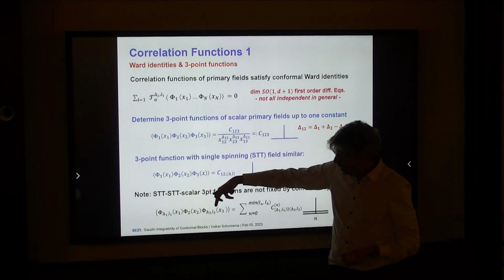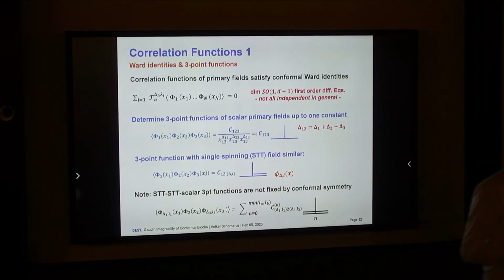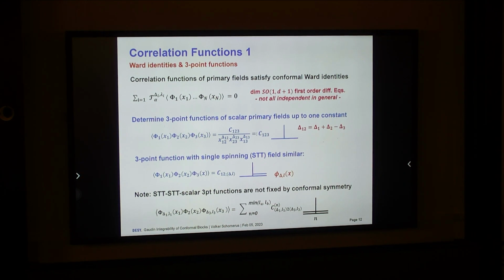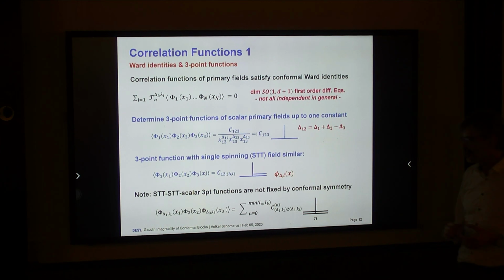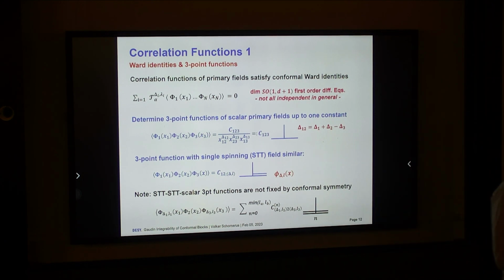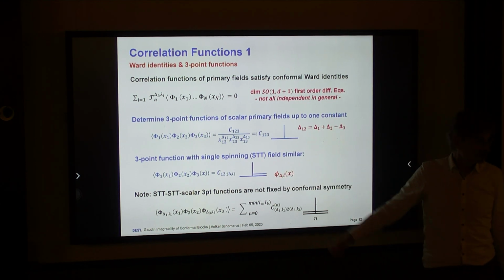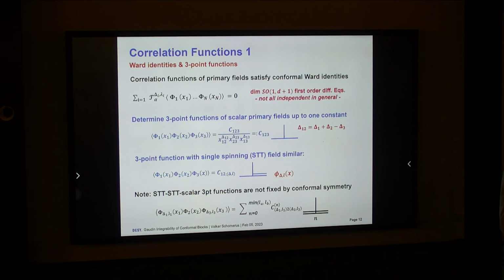So this one has 6 creation, this one has 6 creation, and this one here has only 4 creation because it's a scalar field. So in total the number is 16 creation operators, but you have only 15 Ward identities, so you cannot use the Ward identities to completely fix the 3-point function. There's some finite number, and finite is an interesting finite, because when you make the spin very large, it becomes effectively infinite. Okay, and that's going to be very important later.